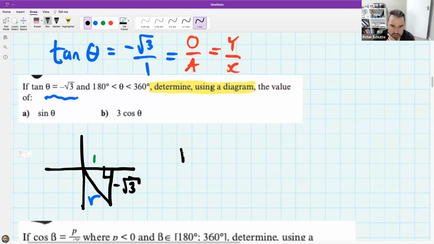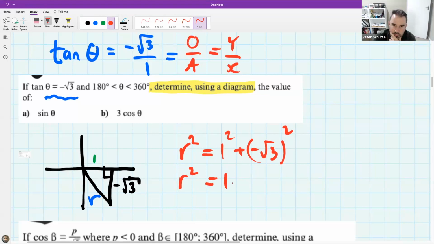So I think we use Pythagoras and we say r squared is equal to 1 squared plus minus root 3 squared. So r squared is equal to 1 plus 3. And so r squared is 4, therefore r must be 2.